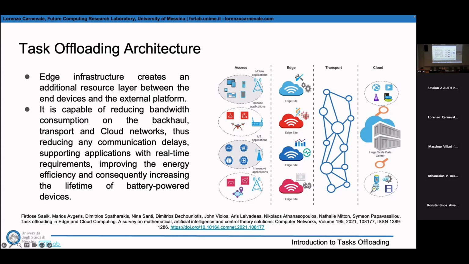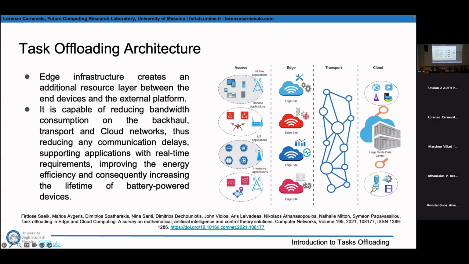Then we have the edge layer, where we have different edge sites. Transport, which is the public internet that we will need to use for moving data and computation from the edge of the network to the cloud. And then finally, we have the cloud with the large-scale data center. So the edge infrastructure in this case is a layer in between, like we mentioned in the computing continuum, between the end devices on the left and the external platform like the cloud on the right.